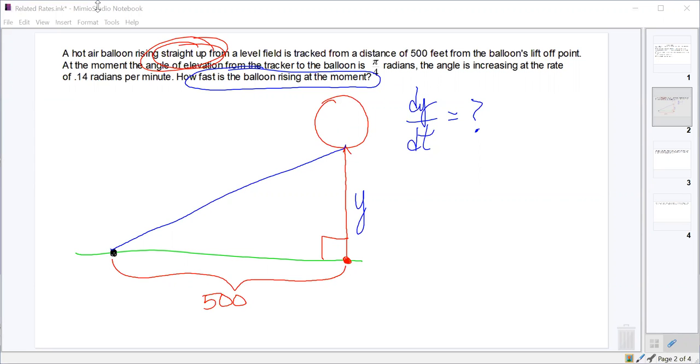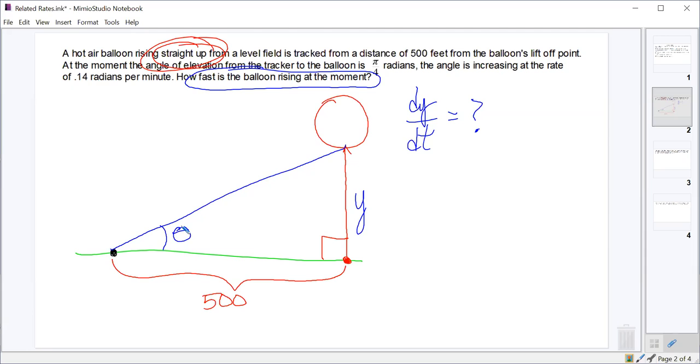Yes. Okay. What else is given to us in here? Something about the angle, right? Is that angle changing as the balloon rises? Yes. So can I label it as a specific number of radians or degrees? No, since it's changing, we have to label it as a variable. So let's call it theta.